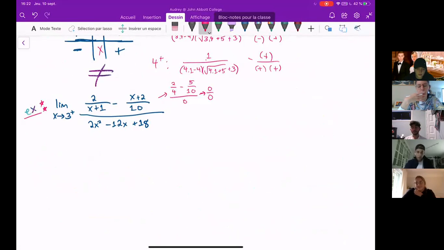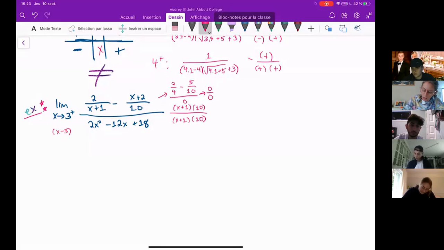So what am I going to multiply the numerator and the denominator by? X plus 1 and 10. You got it. And what's the factor I know I'm trying to get rid of? X minus 3.